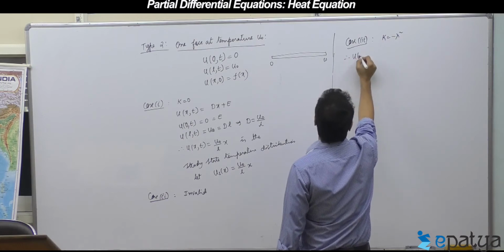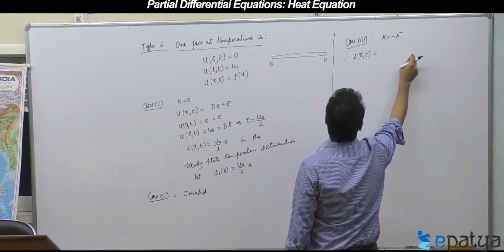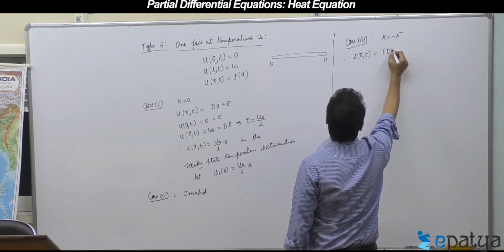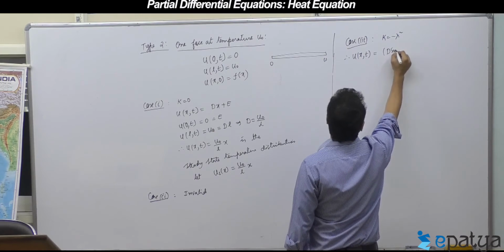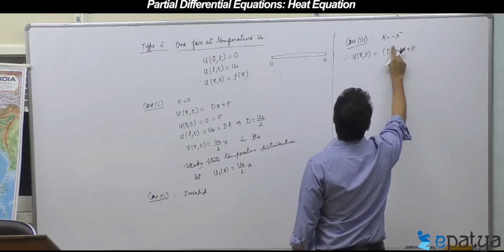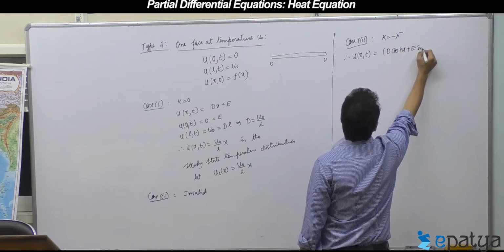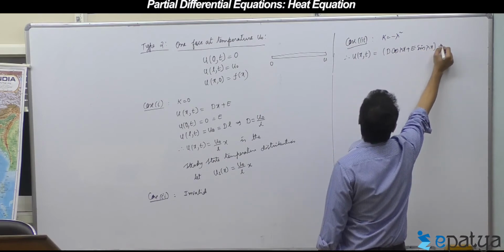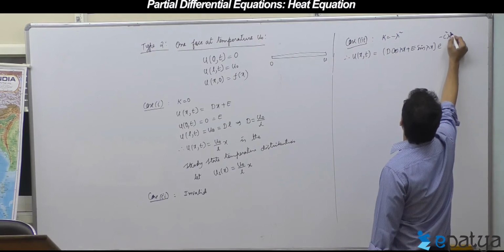Therefore, u of x comma t is equal to a, b, c, d. D cos lambda x plus e sin lambda x into e power minus c square lambda square t.